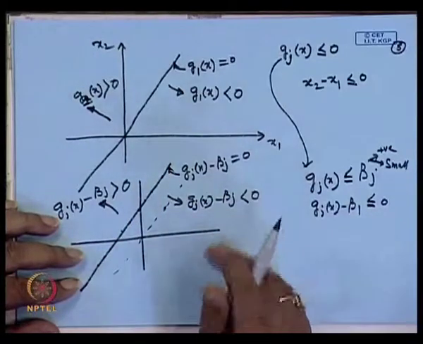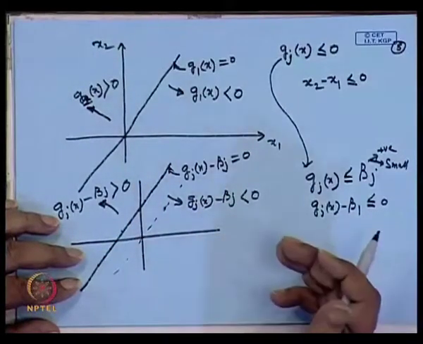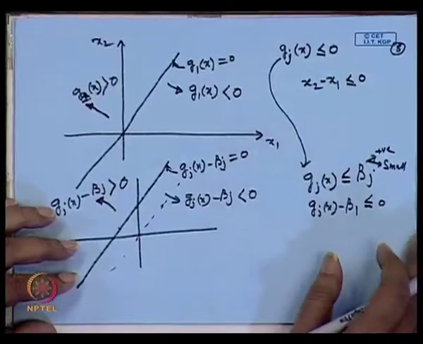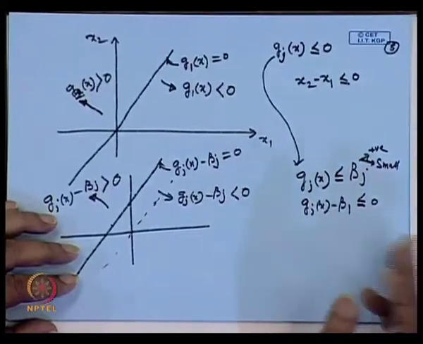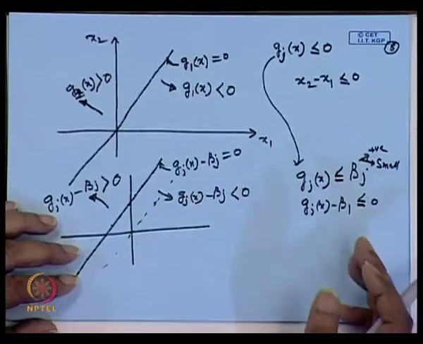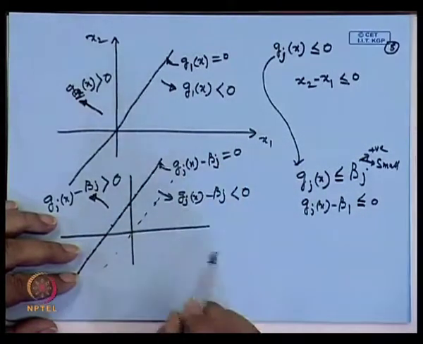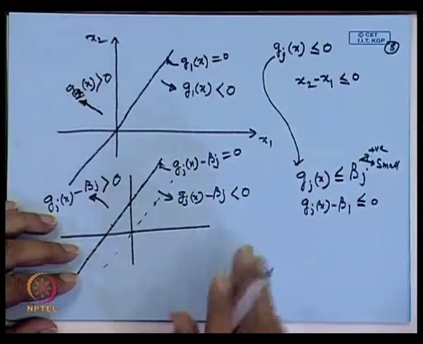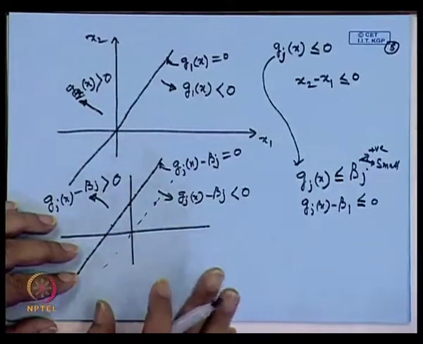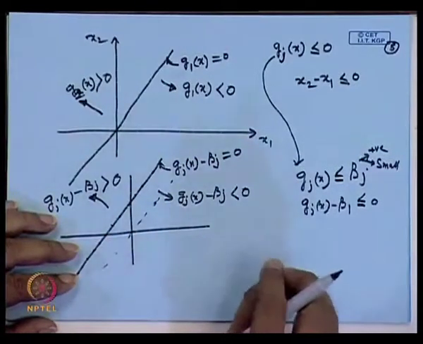So, we may expect that the cost function or the objective function value may reduce further from the previous one. There is a possibility, or at most there will be no change in function value from the previous situation.